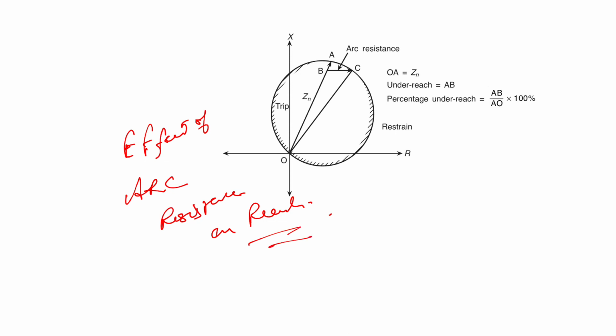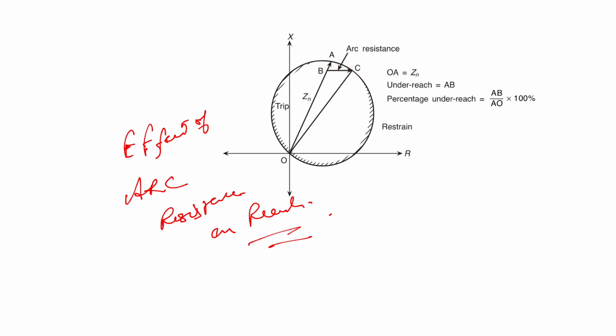Let us consider an arcing fault at the point B, towards the end of the protected line section OA. Let the fault resistance in this case be BC.